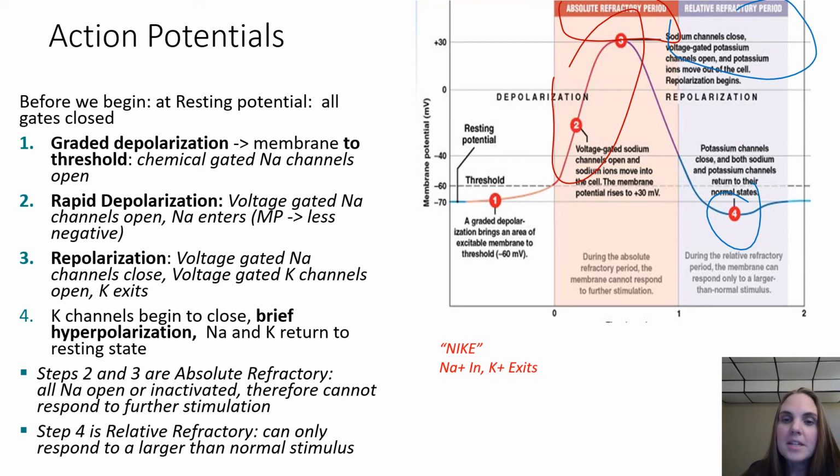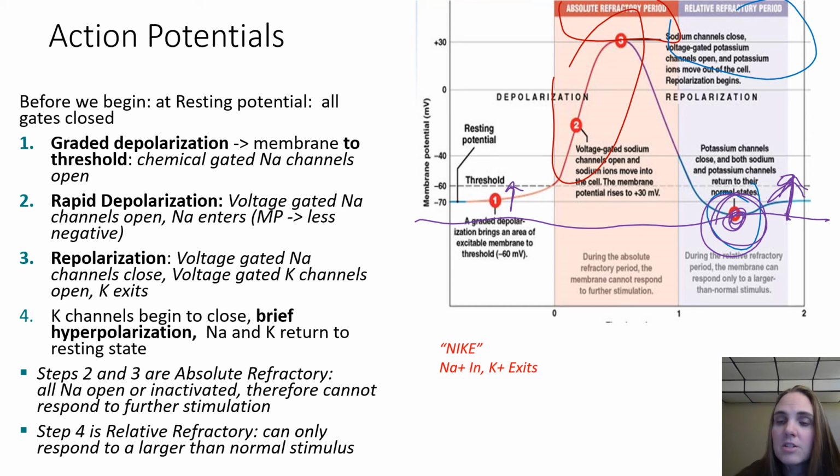So at number 4, we could potentially start another action potential if we have a larger than normal stimulus. You can see here at point 4, we are more negative than our resting membrane potential, right? We're probably down at -80. So in order to reach threshold, we would need a larger than normal stimulus. Normally, say we would need about a change of 10 millivolts.